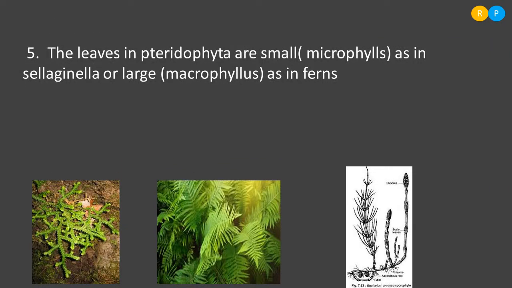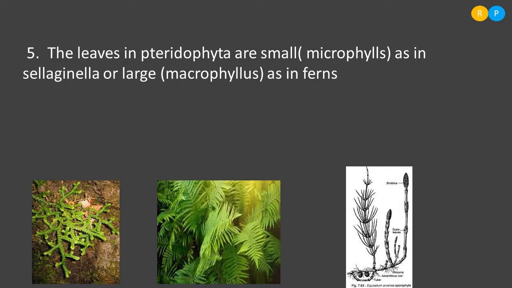Then the leaves in pteridophytes are small as in Selaginella or large as in ferns. So children, if we observe the different members of pteridophytes, they show different types of leaves. That means not all members consist of the same type of leaves.